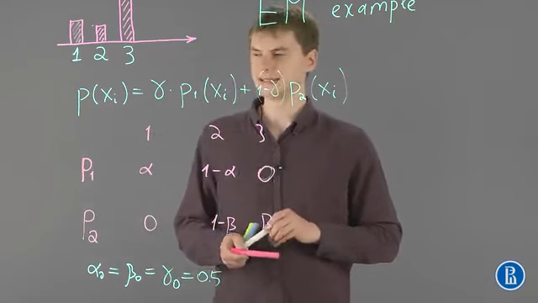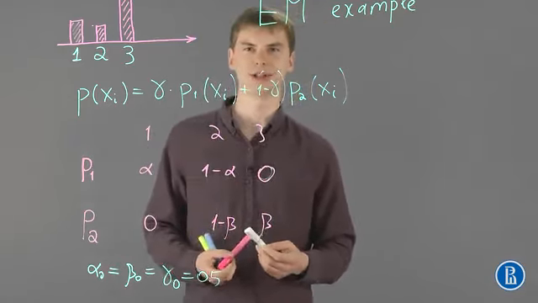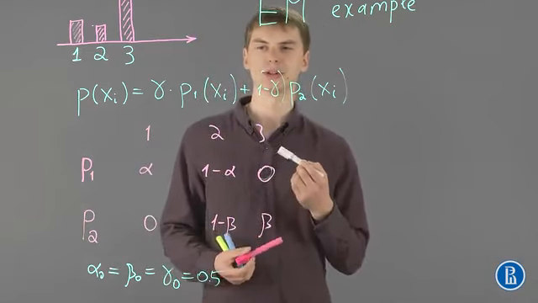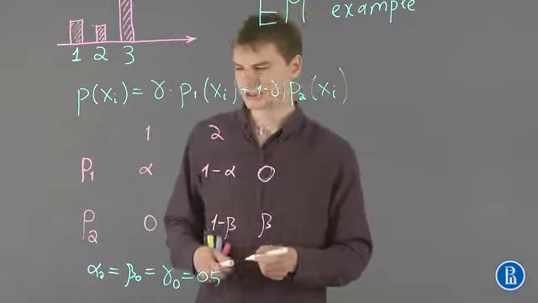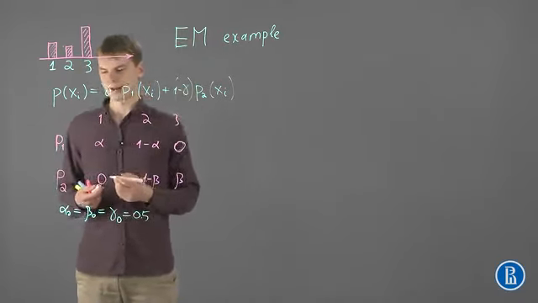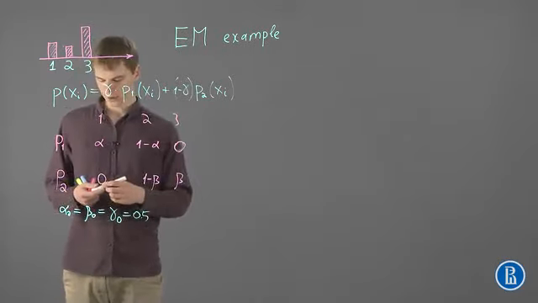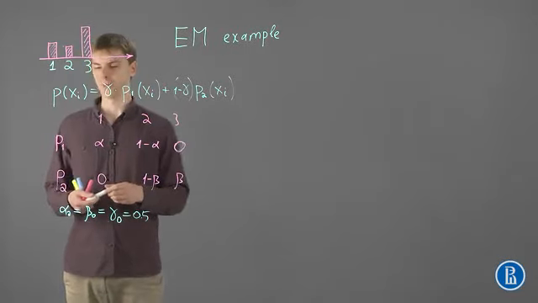And also we need to define the latent variable model, because expectation maximization was invented for latent variable models. So let's say that we introduce a latent variable ti for each data point xi, which will say from which of these two components xi came.